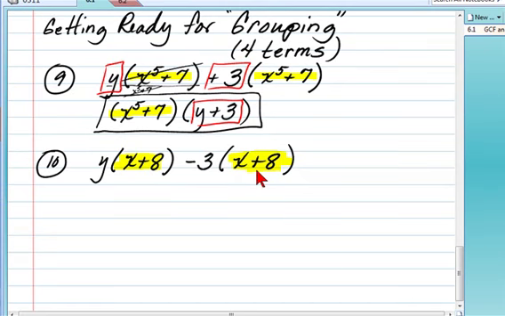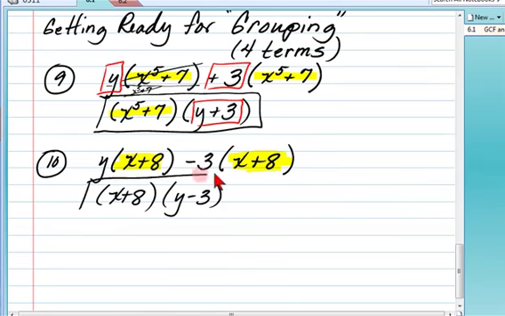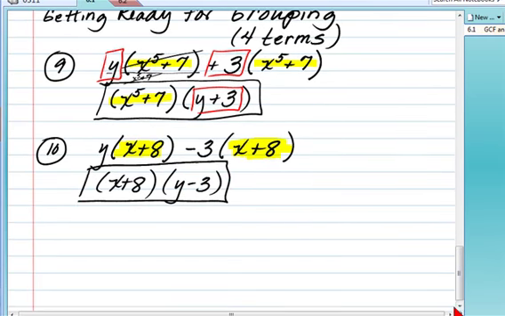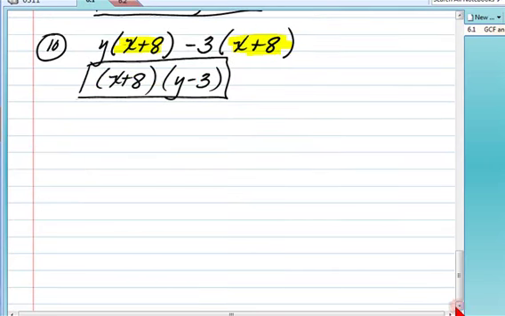So write it down, x plus 8. What's the other factor, the leftovers? Y minus 3. How easy is that? Please keep in mind, I called these getting ready problems. I'm not really doing grouping yet.